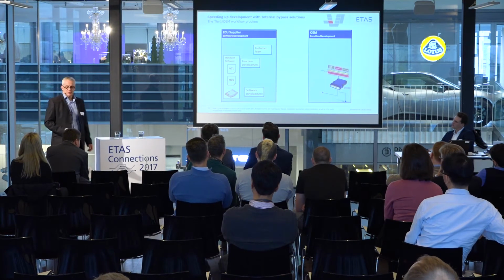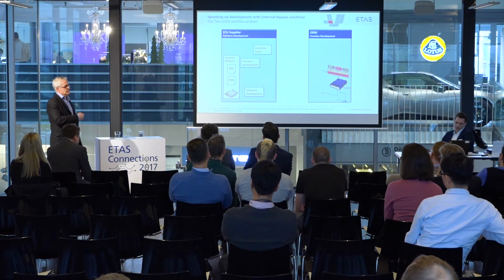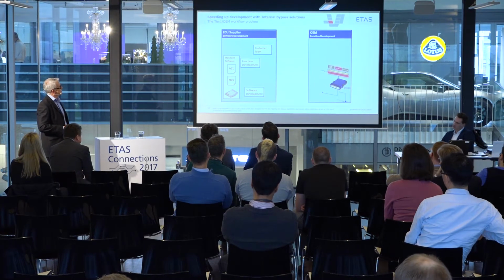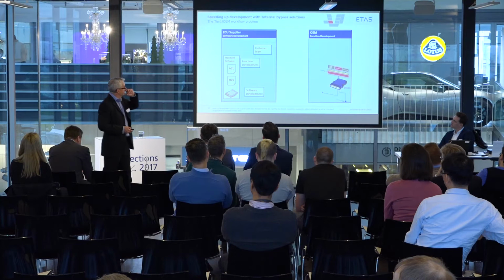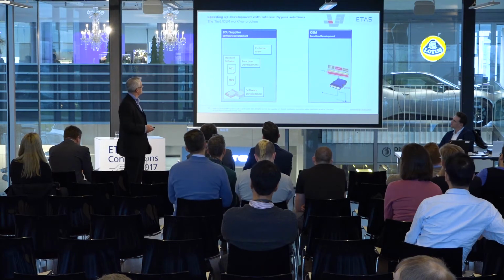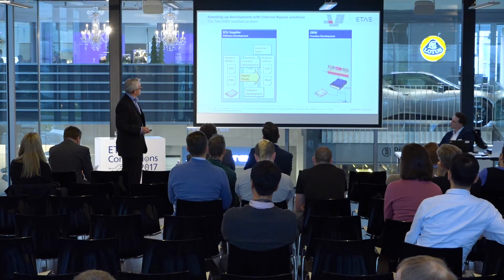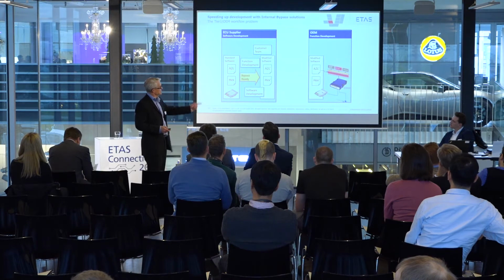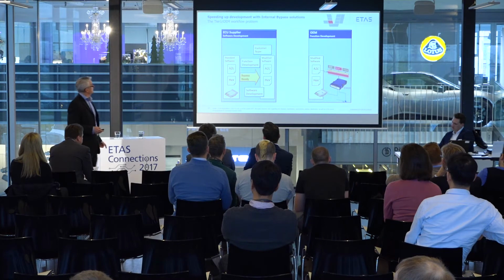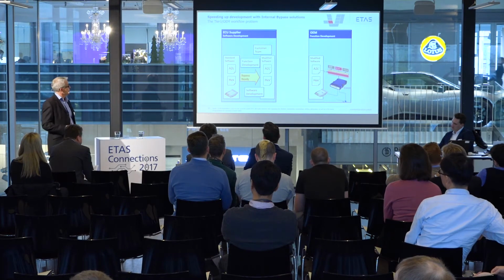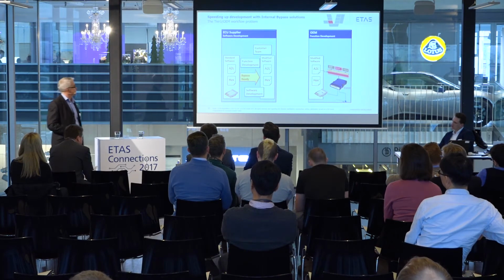So one of the problems that can occur with bypass experiments, as I mentioned before, is the workflow between the OEM and the Tier 1. The OEM develops their new function and they want to do a bypass experiment. But to do that, they need a special version of the software with some hooks placed in it. So they have to make that request, and that has to be planned and implemented by the software development team at the ECU supplier, and that takes time.